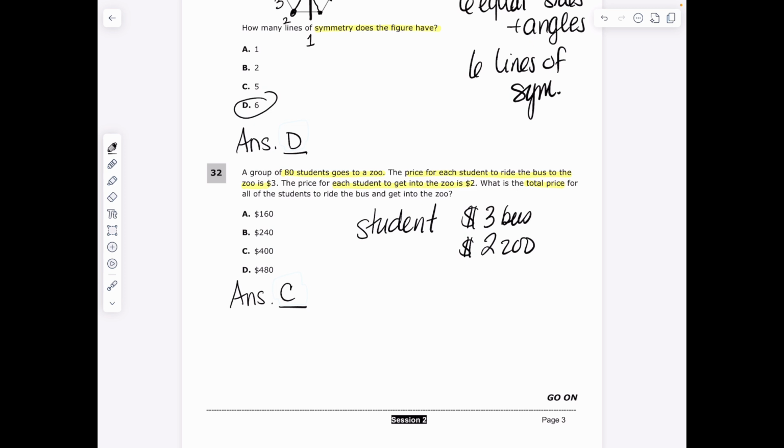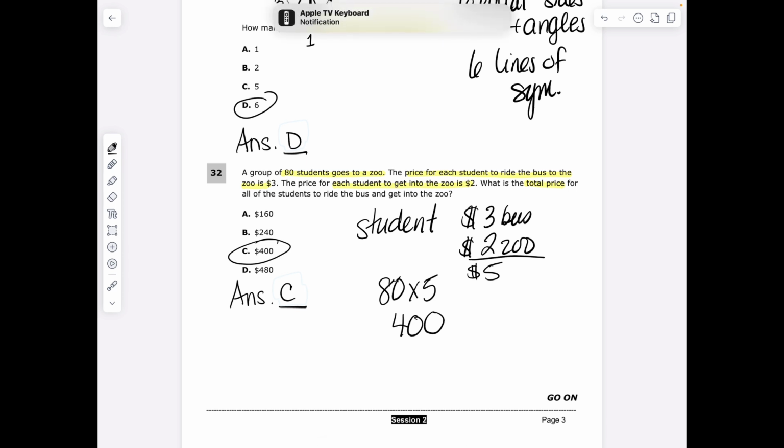So there are different ways we can think about this. One is you can say, well, there are 80 students and each student altogether needs $5. So you can just do 80 times 5, and you will get 400. So I can see kids doing that. I could also see kids doing it one piece at a time and doing 80 times, not 5.